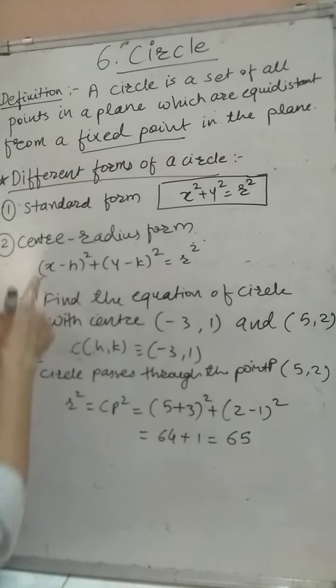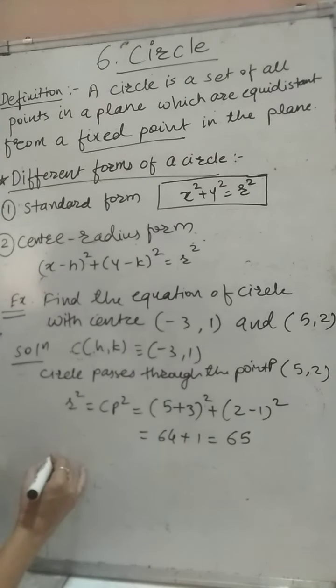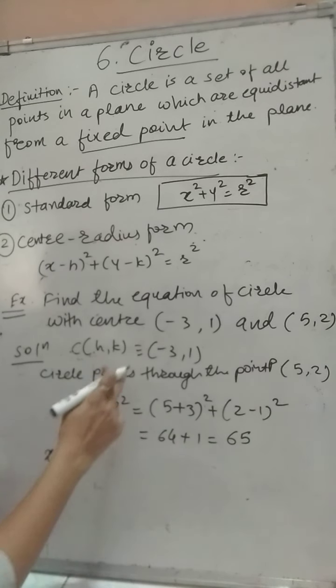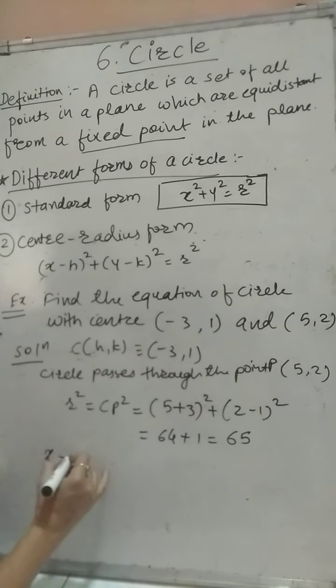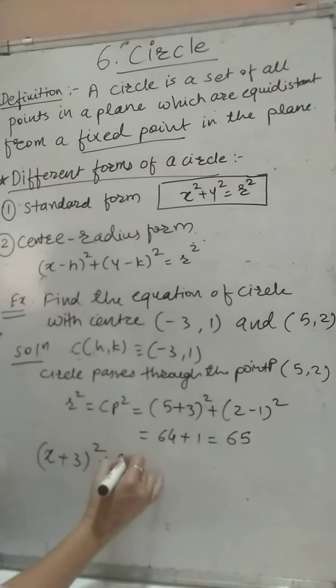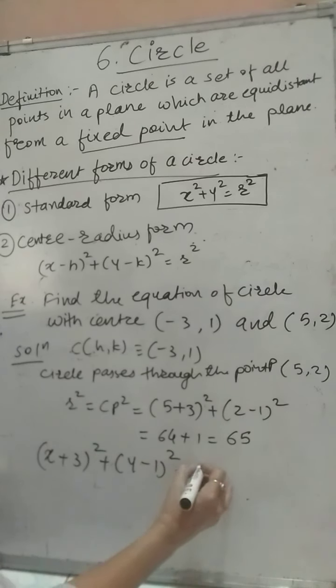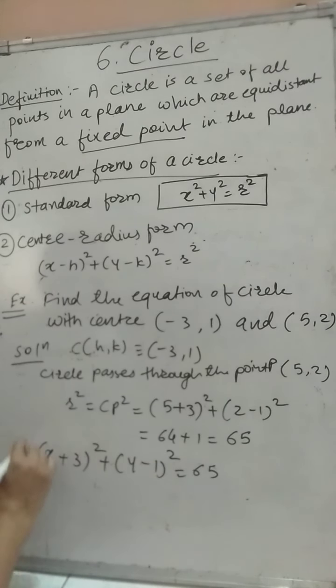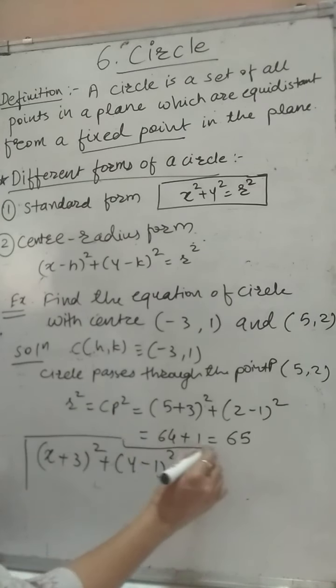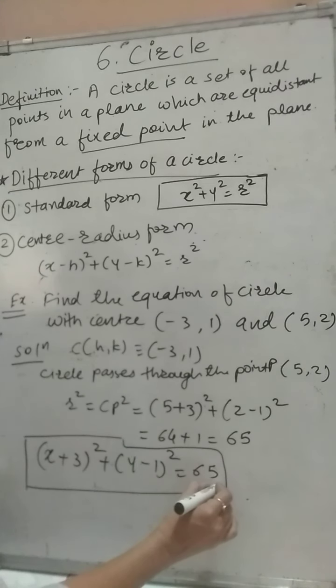Now using the center radius form, we get the equation of circle: x minus, what is h? Minus 3. So minus minus plus, we get (x plus 3) whole square plus (y minus 1) whole square is equal to 65, and this is the required equation of circle. And using which form did we solve here?